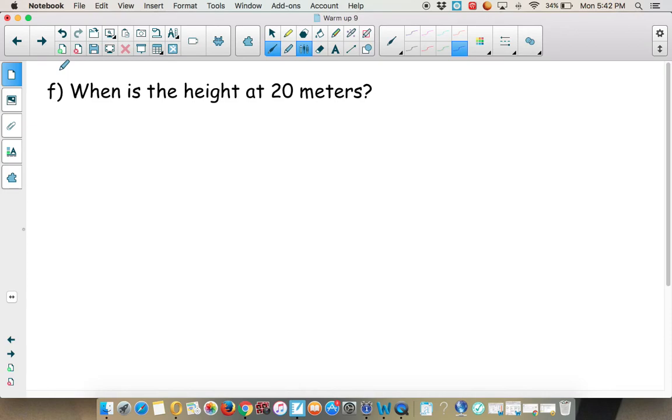All right, the next question is, when is the height 20 meters? Not how long did it take to get there. It is, when is the height 20 meters? That means at all occasions.